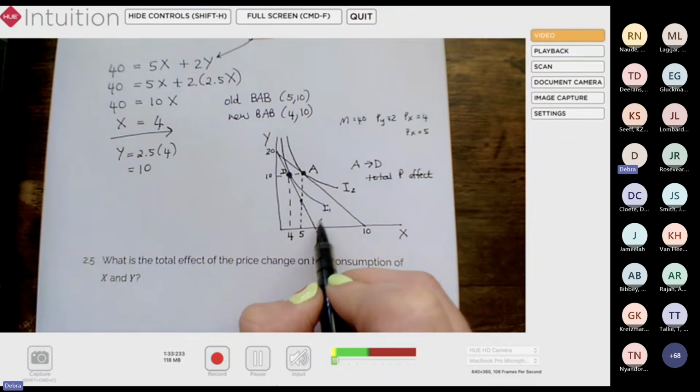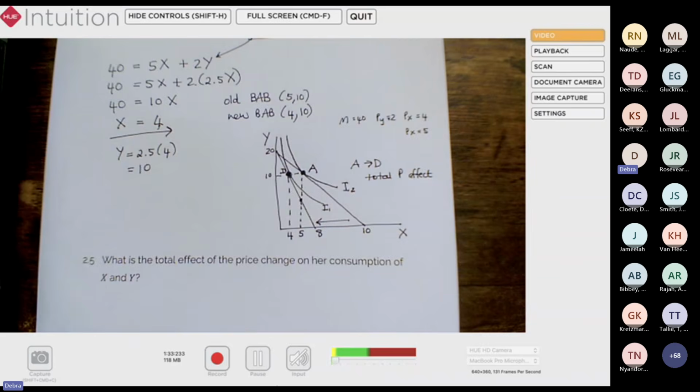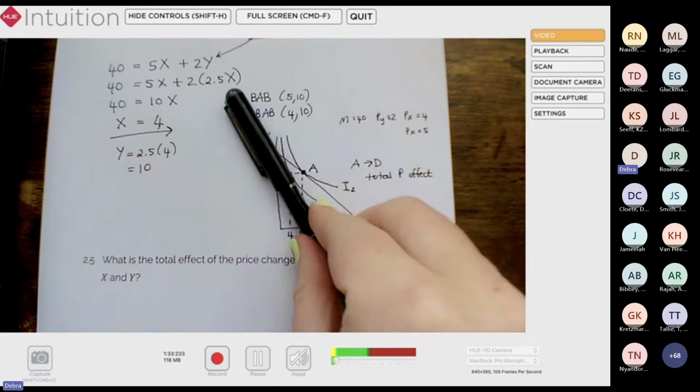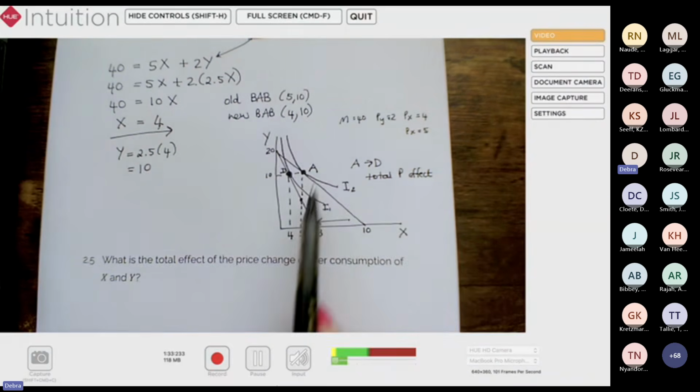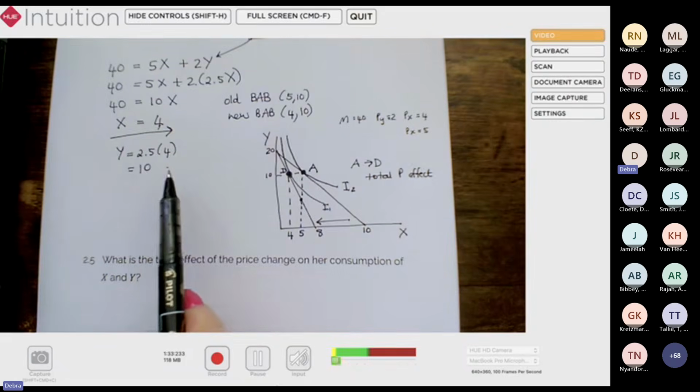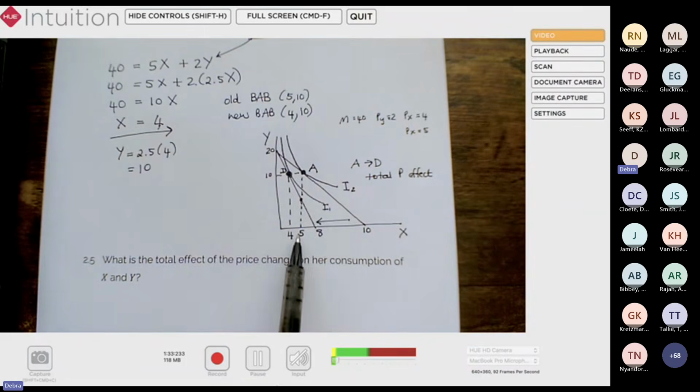When the price of X increased, my budget constraint pivoted inwards. And what I've calculated using the math is that took me from a best affordable point of 5x and 10y to a new best affordable point of 4x and 10y.